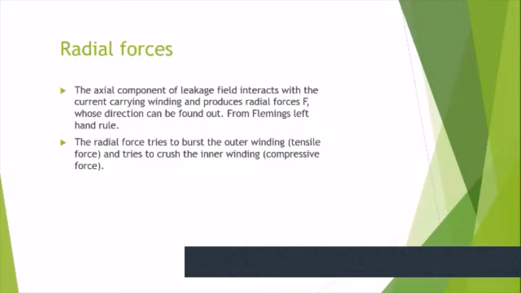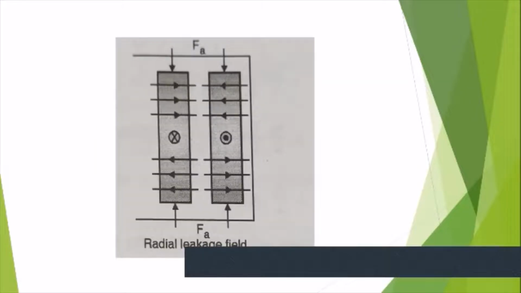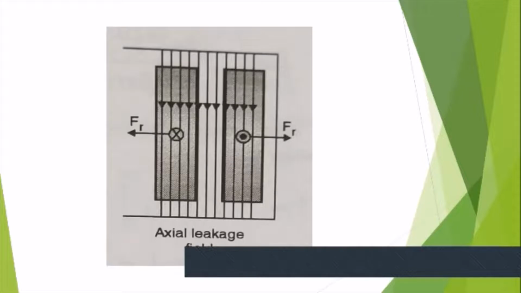Radial forces. So you can see the diagram. The axial component of leakage field interacts with the current carrying winding and produces radial forces Fr as shown in the figure. In this, you can find out the directions.